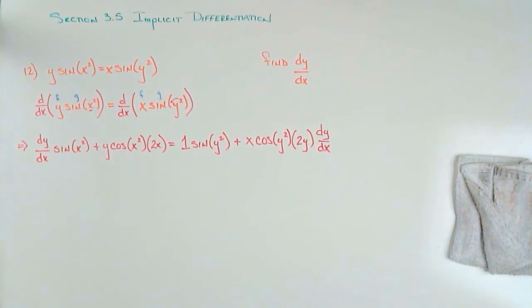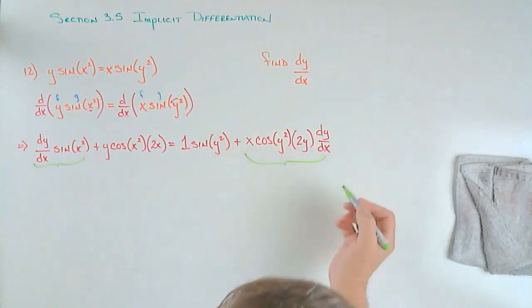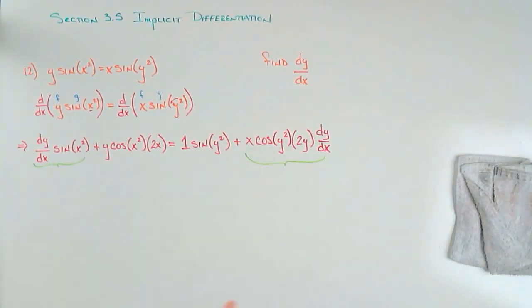And now we're faced with the algebra portion of this question. Just like before, there's going to be an algebra portion. When we look at this, we have one term with a dy dx here. We have another term with a dy dx here. We need to get all the dy dx terms on the same side so that we can factor and move forward.